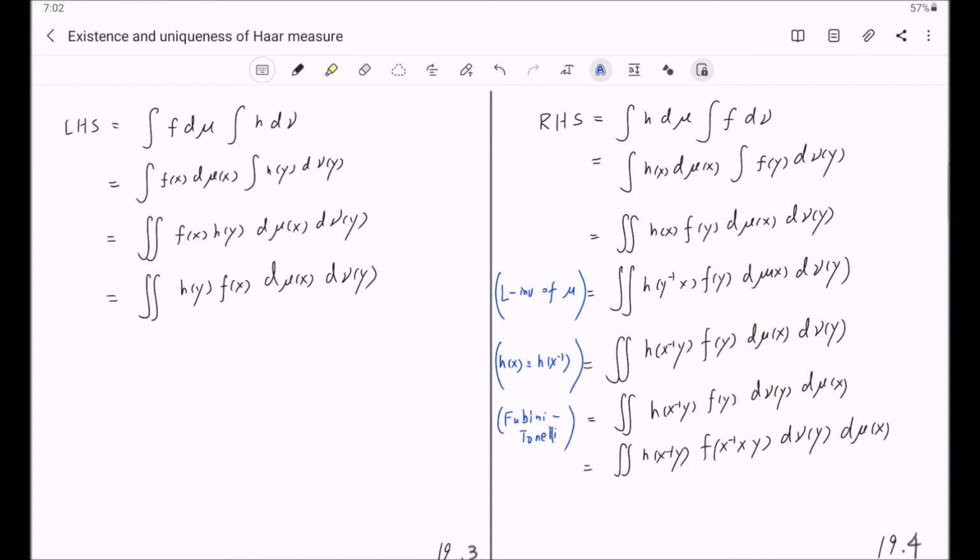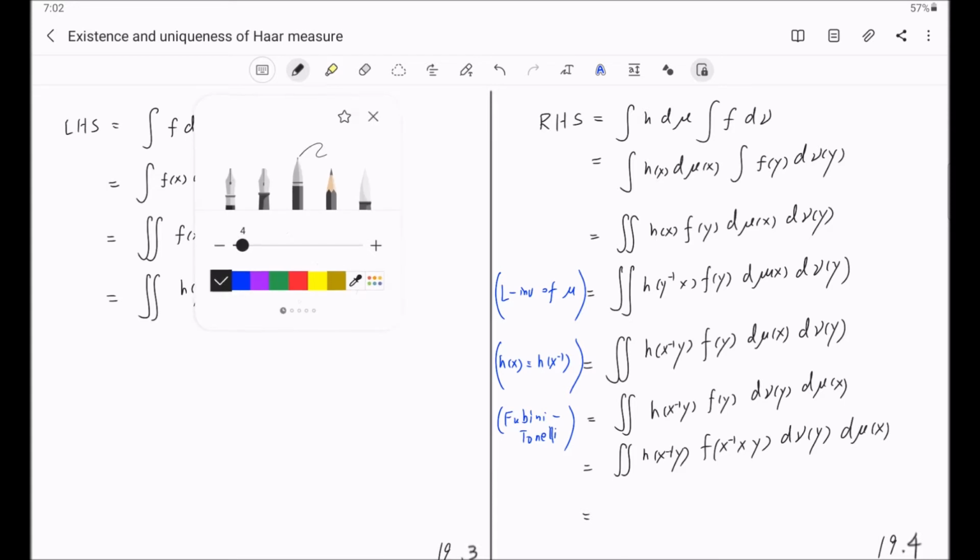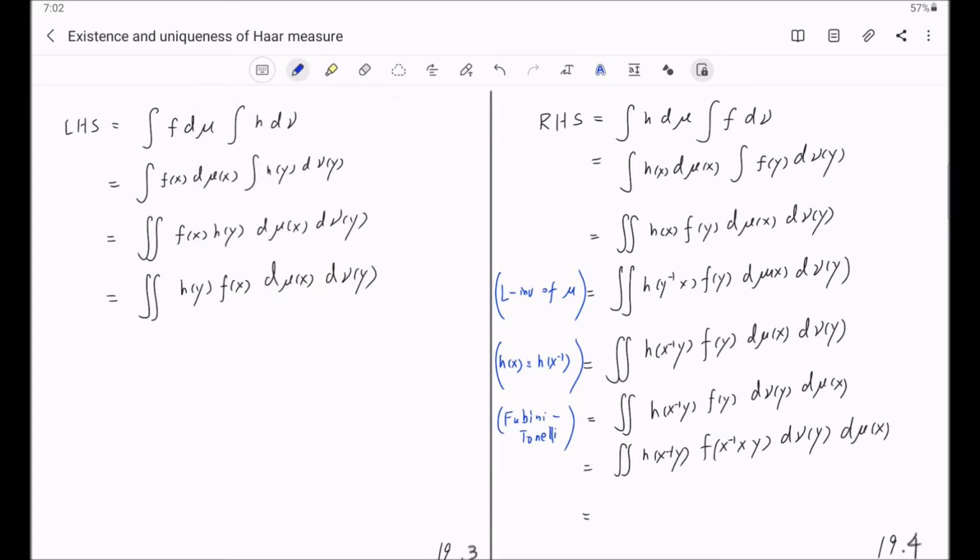And now you know what we are going to do here. We're going to use the left invariance of nu to remove x inverse from both arguments. So here we're going to use the left invariance of nu.